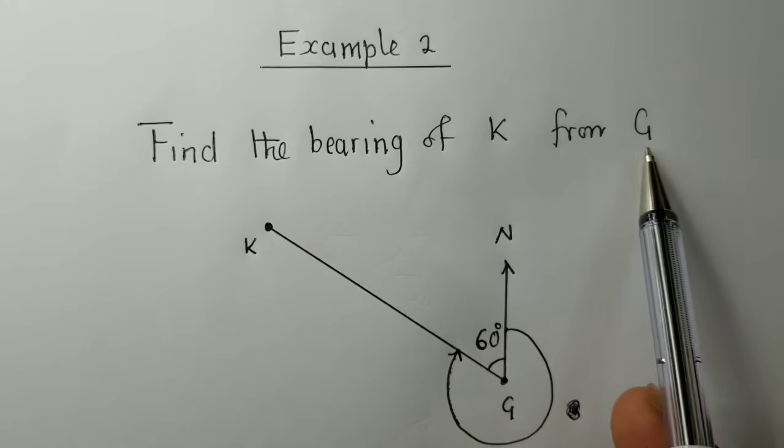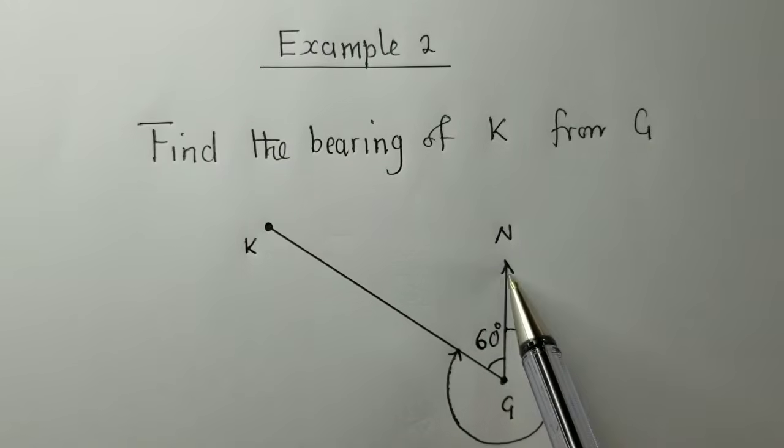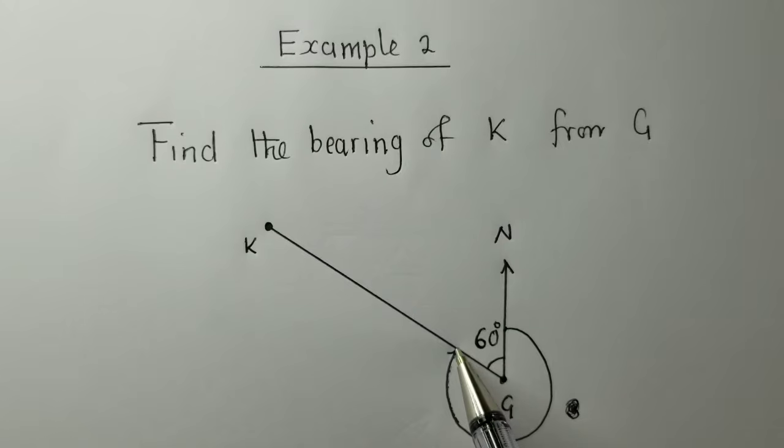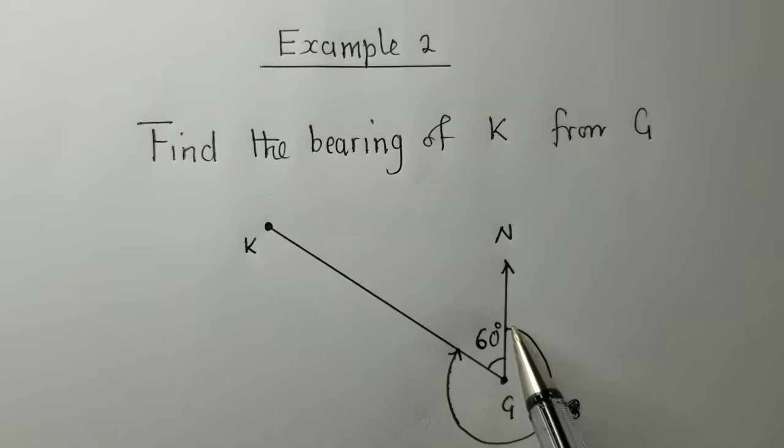It's from G. So you go to G, make the north line, of which it has already been done for us here. And then from there, you start moving just like that up until you touch the line that is joining the 2 points. So now, how do we get to answer this, to find this bearing? Meaning we are looking for this bearing right here. How do we get to find it?